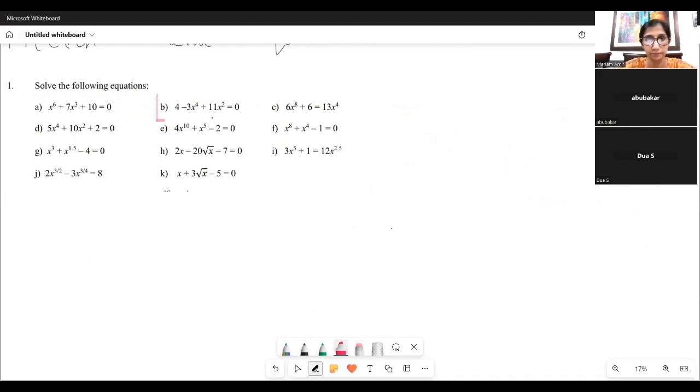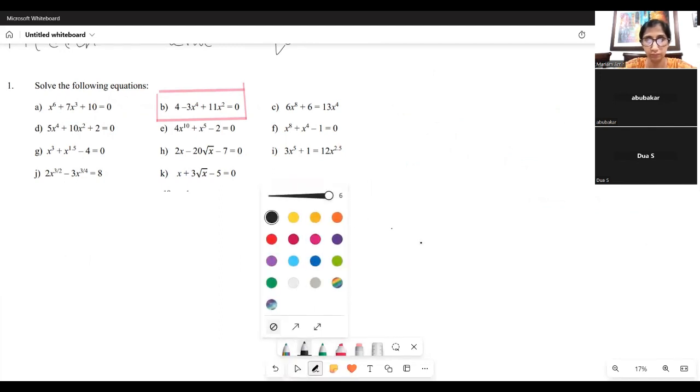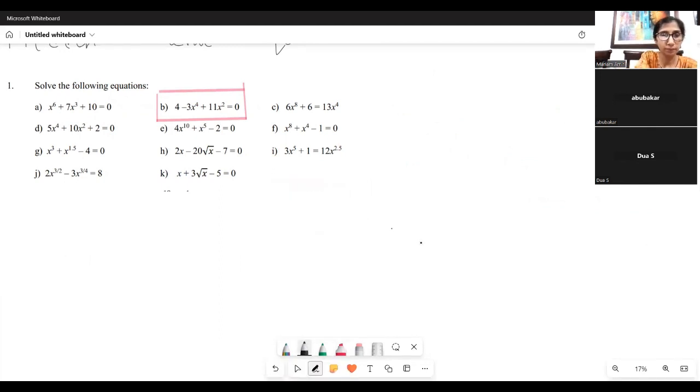Okay, part B. I'm going to rearrange it slightly. I'm going to write the biggest power first, minus 3x power 4, then plus 11x square, and then plus 4 equals 0.